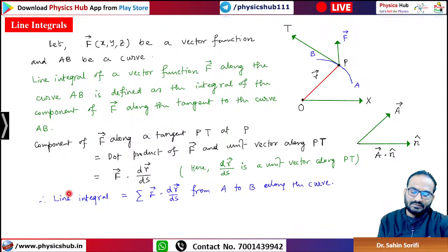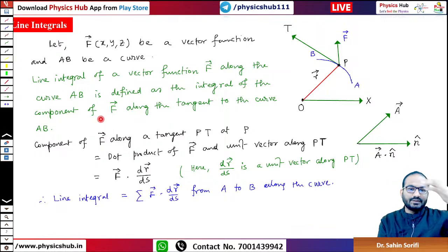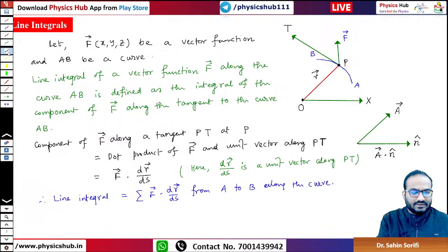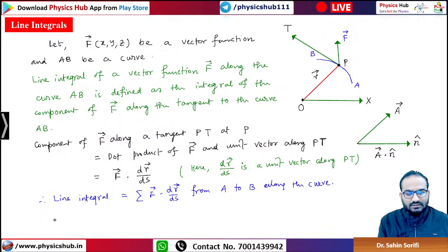If the vector is conservative, then the line integral will be independent of the path. But for the time being, in general cases, if you choose different paths, then the line integral should be different, because obviously the tangent at each and every point will be different.